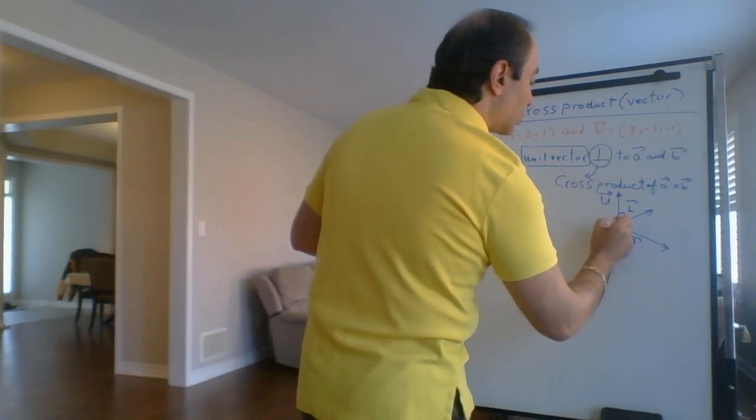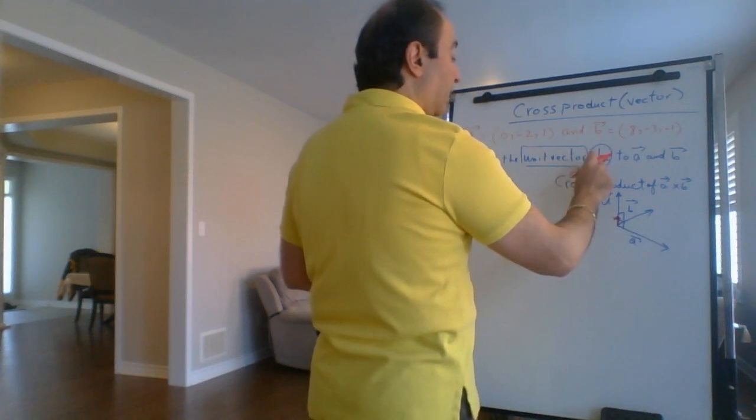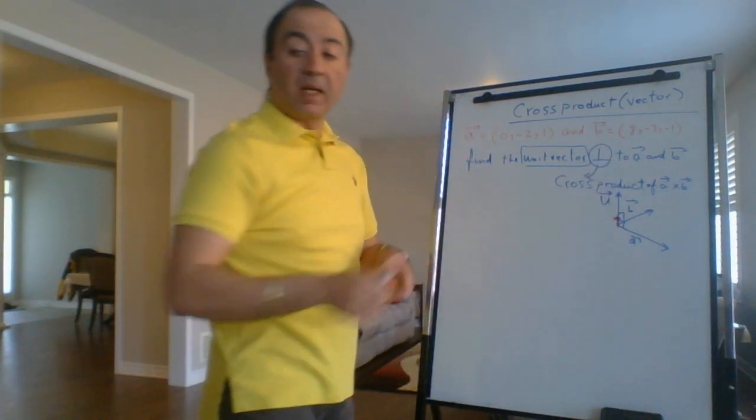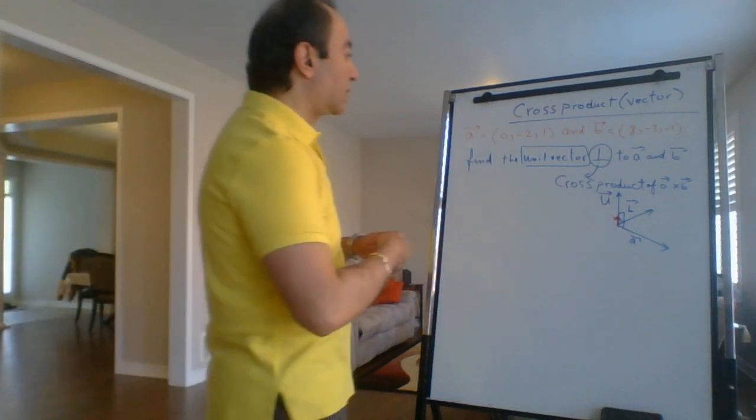So when I see a vector that's perpendicular to A and B, I have to do the cross product. So let's do cross product.